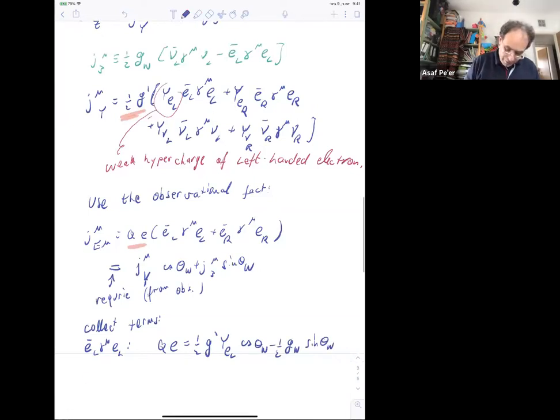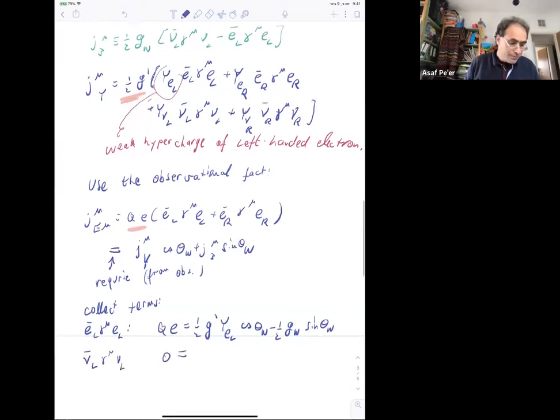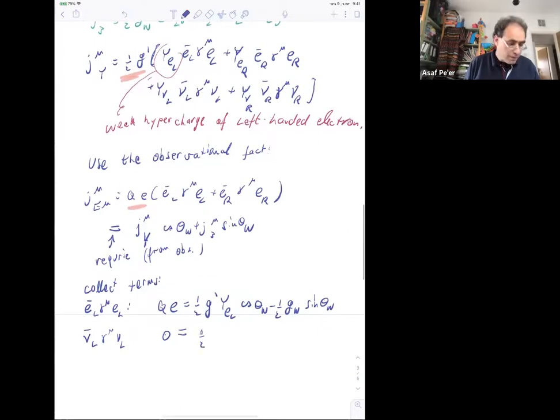And for the neutrinos, we get a 0, which is 1/2 G prime Y neutrino left cosine theta weak plus 1/2 G weak sine theta weak.